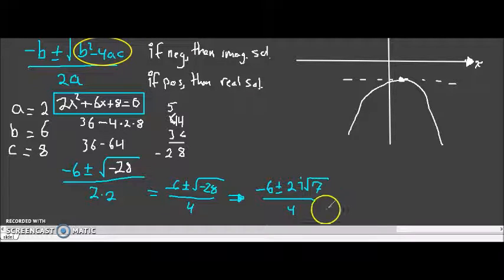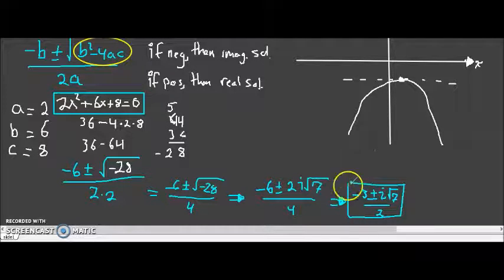And we could simplify a little bit more, divide the 2's. We get negative 3 plus or minus i square root of 7, divided by 2. And that would be our answer for what the solutions are.